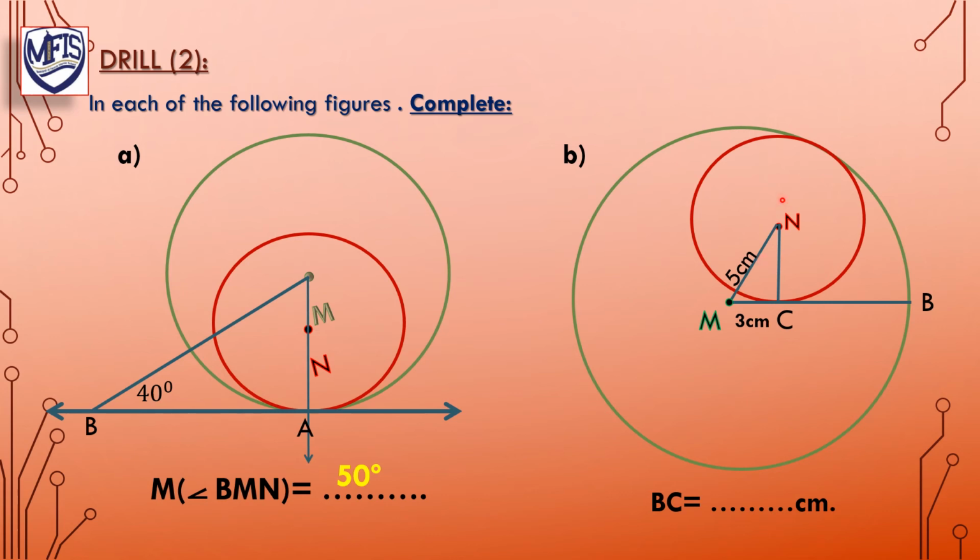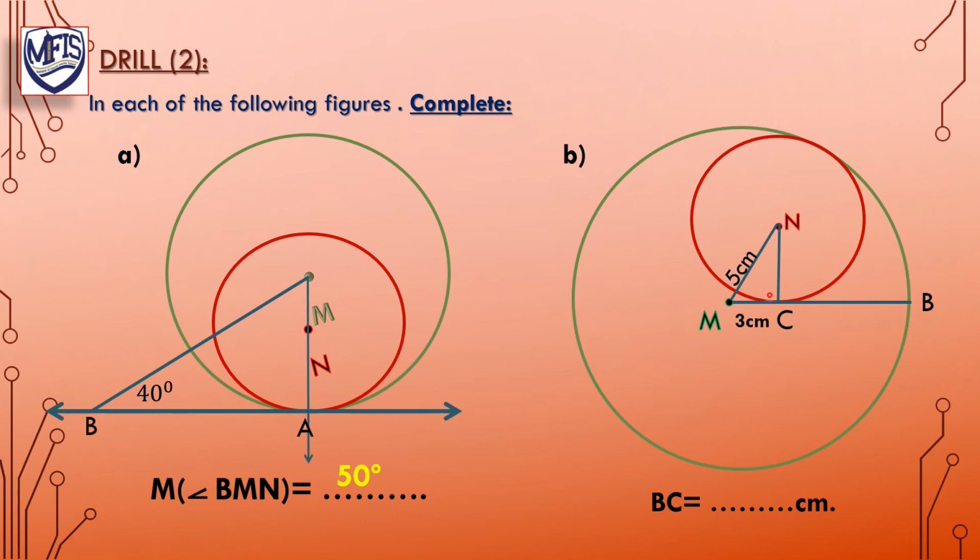But R1 here equals 4 centimeters. Why? Because triangle NCM is a right-angled triangle at C. Why? Because NC is a radius and MB is a tangent of circle N, so this angle equals 90. So the length of NC equals 4 centimeters by using the Pythagorean theorem. Then R1 equals 4 centimeters.